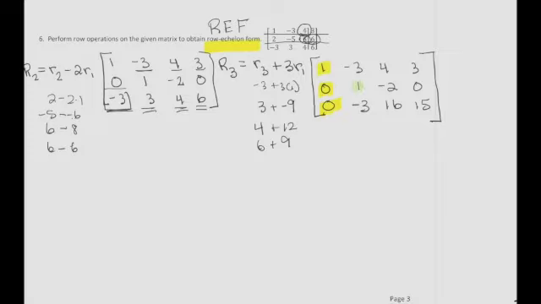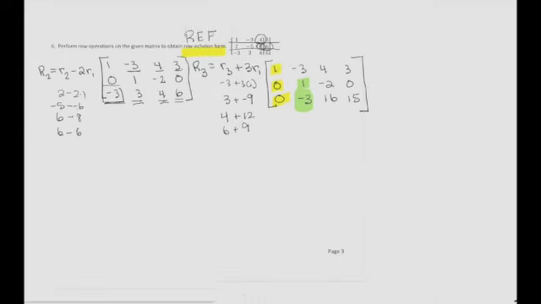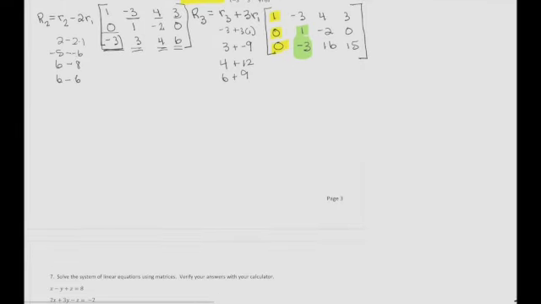Next, diagonally, I want to get a 1, and I already have that. So I'm going to now work on what would come after that, which is to get a 0 beneath it, which is right here. All right, so my next line is going to be a change to row 3. So my new row 3 is going to be, I have to be careful. I'm going to use my old row 3, and I am going to say row 3 plus 3 times row 2.